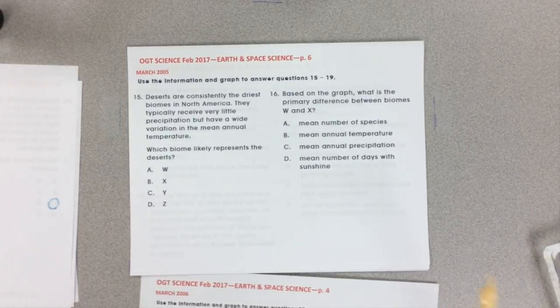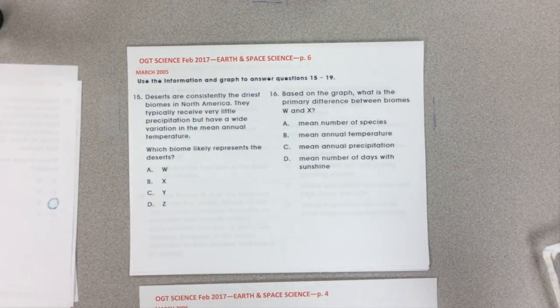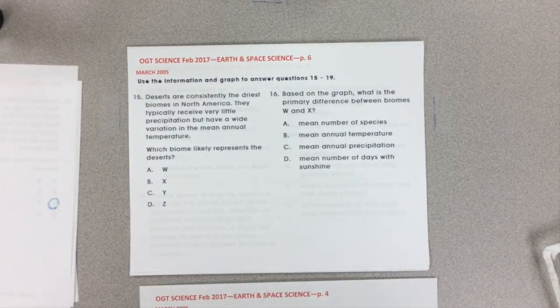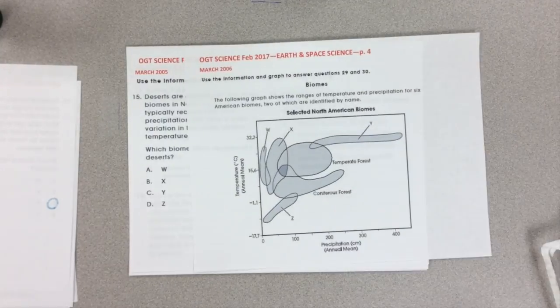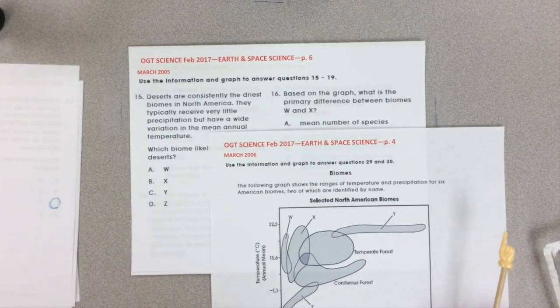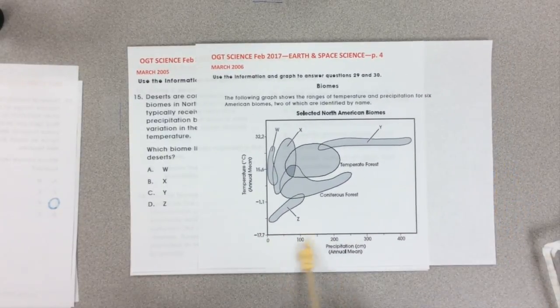Deserts are consistently the driest biomes in North America. They typically receive very little precipitation, but have a wide variation in the mean annual temperature. Which biome represents the deserts? So the deserts are the driest, but they have the wide variation in the temperature. So precipitation's this way.